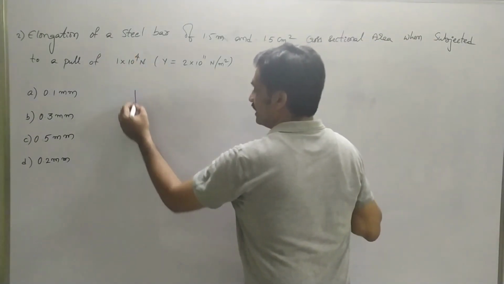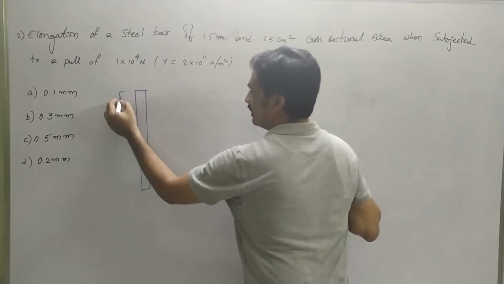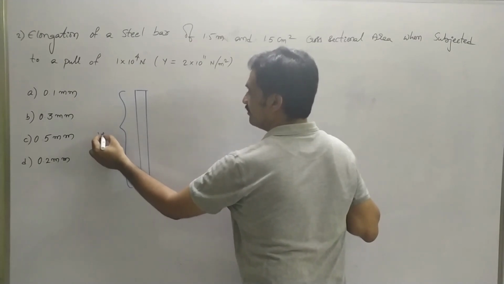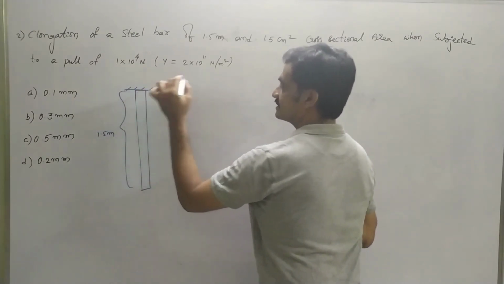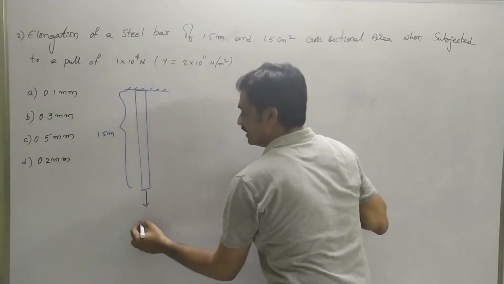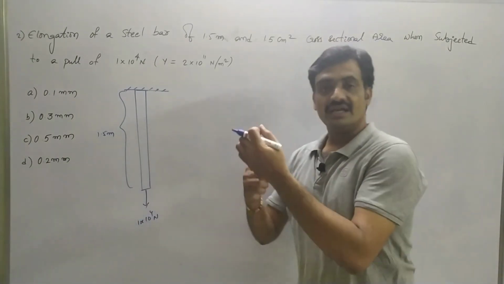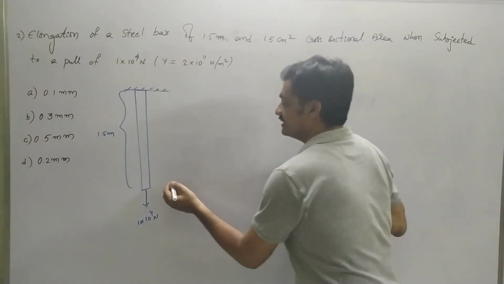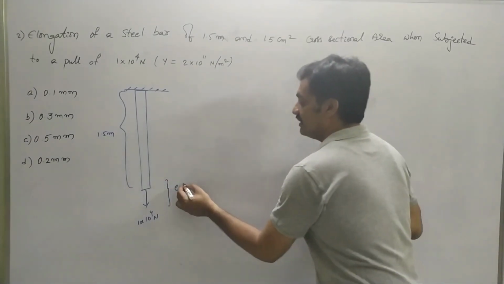Consider a wire of length 1.5 meter which is fixed at the upper end like this. By applying a force of 1 into 10 to the power of 4 Newton in the downward direction, the wire has been extended, whereas the extension in this case is represented as E.